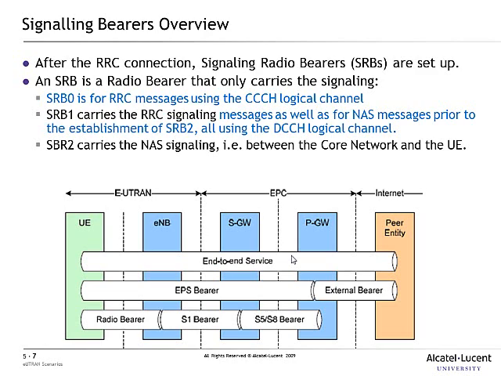And if there is no SRB2, then you would use SRB1 for your NAS messages as well. The third type of bearer is called SRB2, and SRB2 carries NAS signaling. That's the network associated signaling between the core network and the user equipment. So we have different terms: radio bearer, S1 bearer, S5/S8 bearer, and all of these put together are referred to as the EPS bearer.